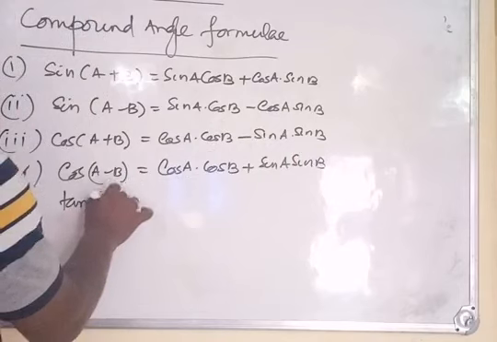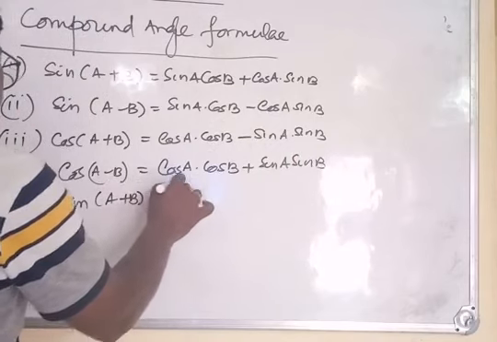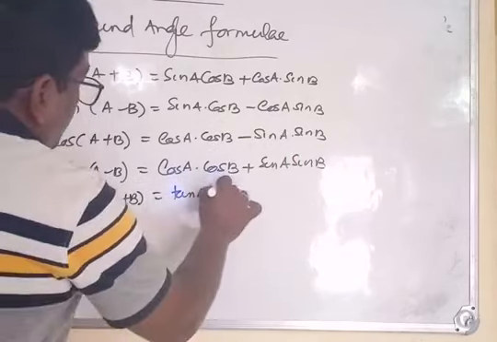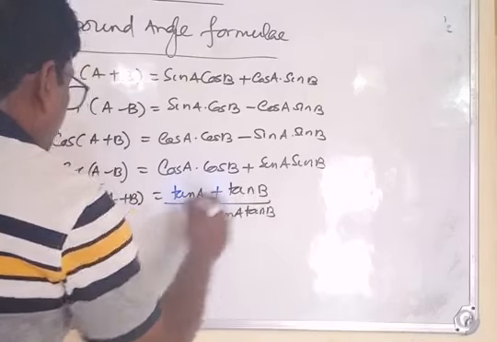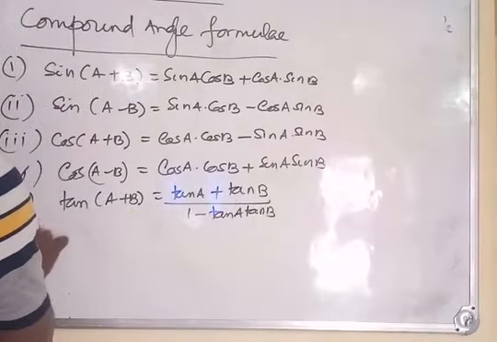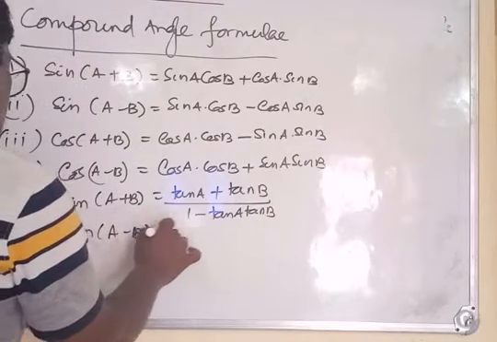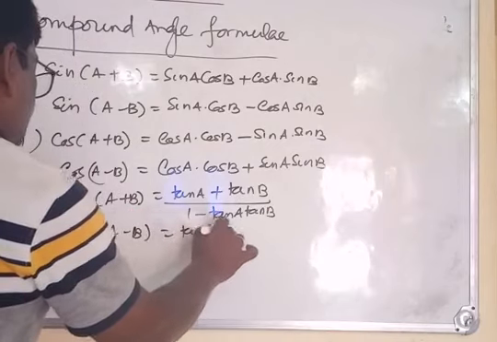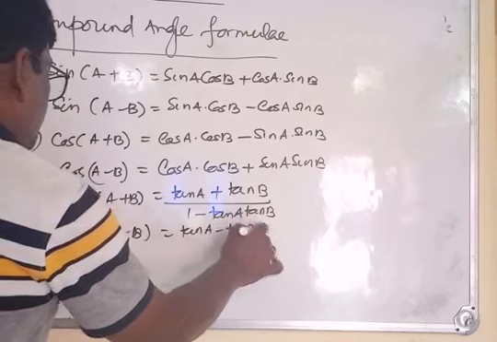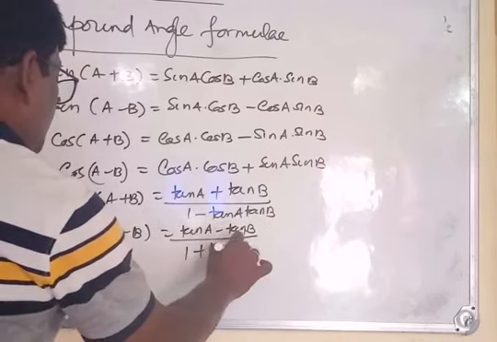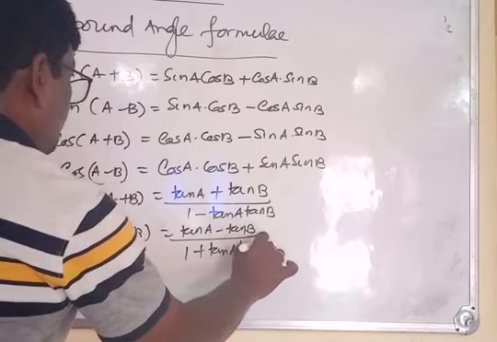Tan a plus b is equal to tan a plus tan b by 1 minus tan a into tan b. Tan a minus b is equal to tan a minus tan b divided by 1 plus tan a into tan b.